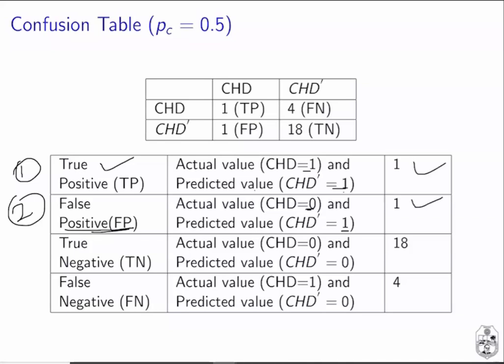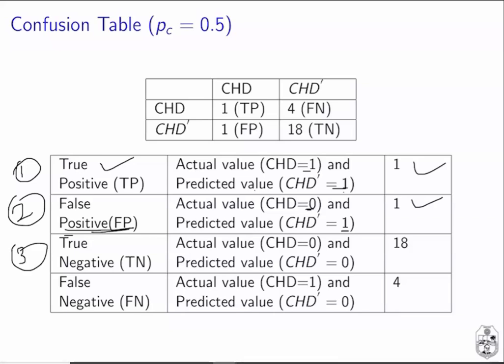Similarly, if the actual value is 0 and the predicted value is also 0, then those kinds of entries are called true negatives. How many entries are there? True negative, 0 0 means 0 0.